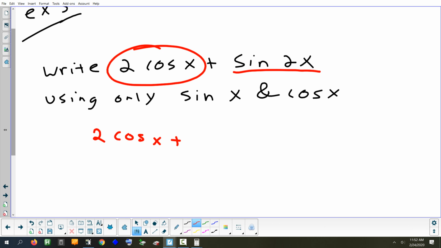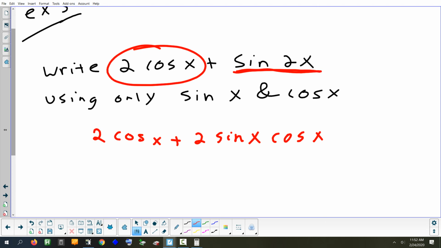What's the formula we can substitute in for sine 2x? 2 sine x cosine x. So we just converted this so it no longer had a 2 in front of the x.